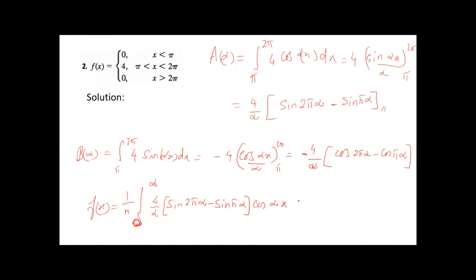The second term is negative, so negative 4 over alpha times cosine 2 pi alpha minus cosine pi alpha, times sine alpha x. Close this bracket and then write d alpha. Further, you can try to simplify these terms by using the cosine a plus b, sine a plus b, sine a minus b formulas, any of these. That's the end of this problem.